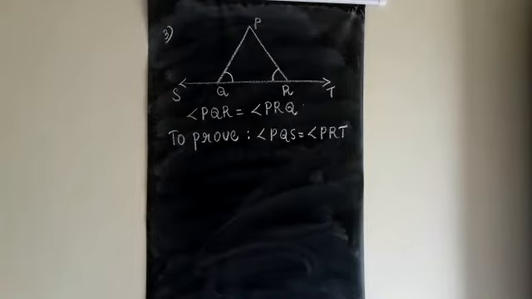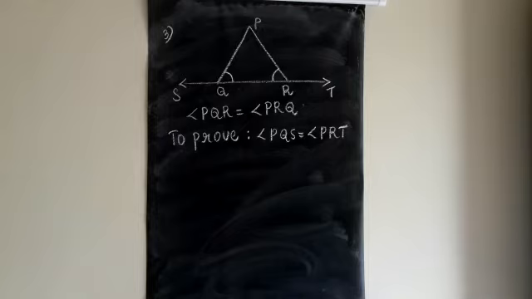Now the third question. In the figure, angle PQR is equal to angle PRQ. Then prove that angle PQS is equal to angle PRT. So in this figure, ST is a line. And angle PQR is equal to angle PRQ, and you have to prove angle PQS is equal to angle PRT. So do one thing.